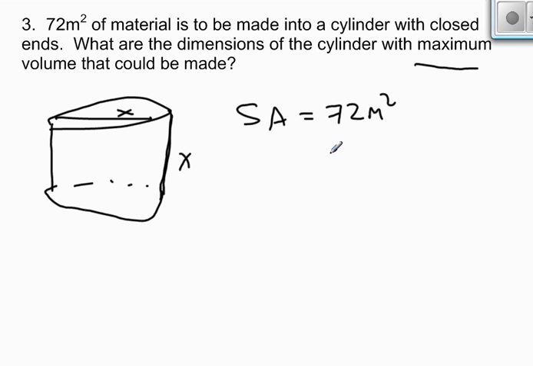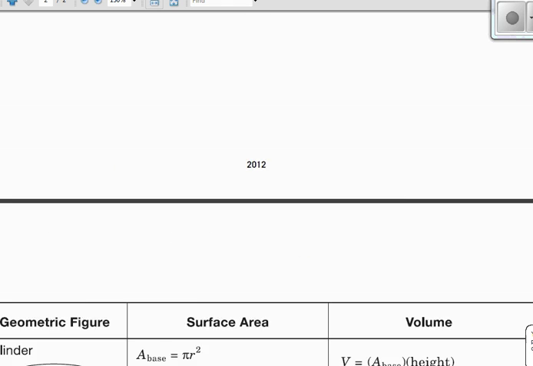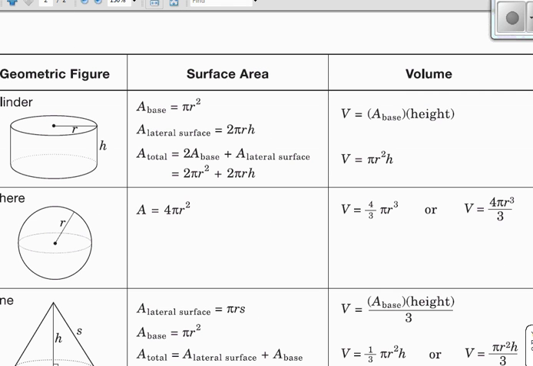So this is the surface area. And let's go to the formula sheet and look at what the formula is for the surface area of a cylinder. So surface area of a cylinder is right here, 2 pi r squared plus 2 pi rh.